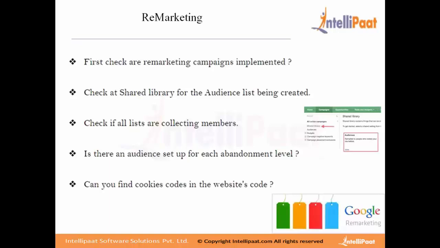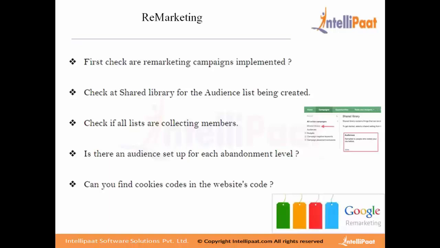If you have the audience lists, another thing to look into while doing a PPC account audit is whether all the lists are collecting members or not. Collection of members within the audience list is very important. Another thing to look at is whether an audience is set up for each cart abandonment level. If there is not, then you're again missing out on a certain opportunity.